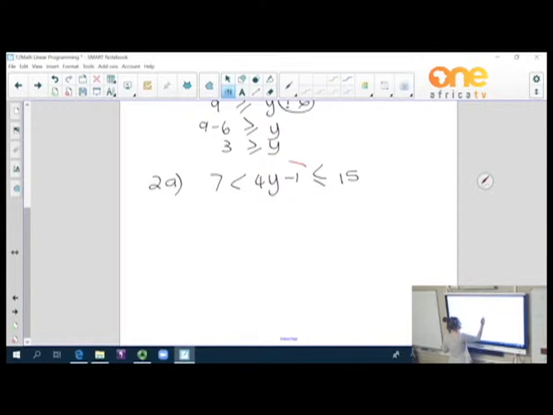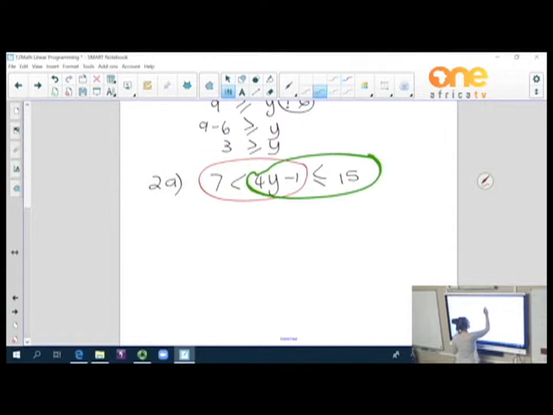Like I said in the previous lesson, we need two inequalities. So there we have our 2 and we will solve them separately. 7 is less than 4y minus 1 and the other one will be 4y minus 1 is less than or equal to 15, and we will solve them separately.